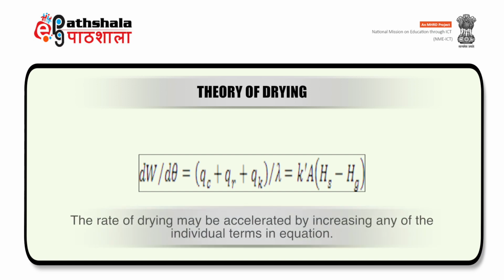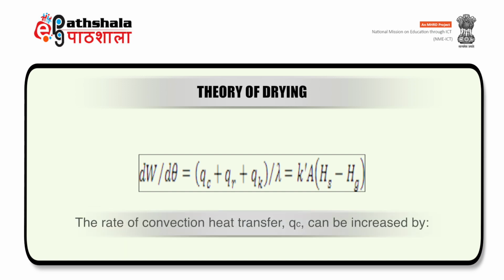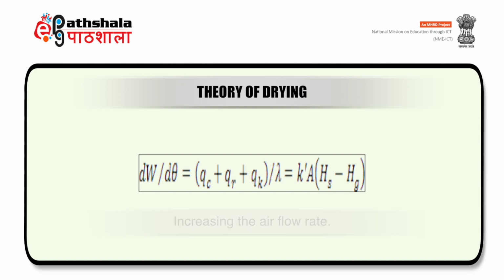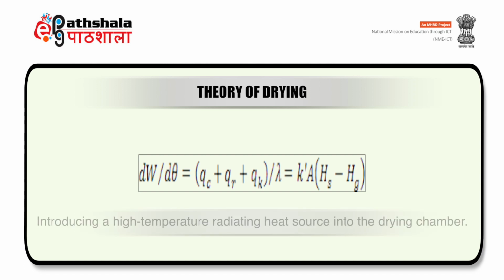The rate of drying may be accelerated by increasing any one of the individual terms in the above mentioned equation. The rate of convection heat transfer Qc can be increased first by increasing the airflow rate, second by raising the inlet air temperature. The rate of radiation heat transfer Qr can be speeded up by introducing a high temperature radiating heat source into the drying chamber.